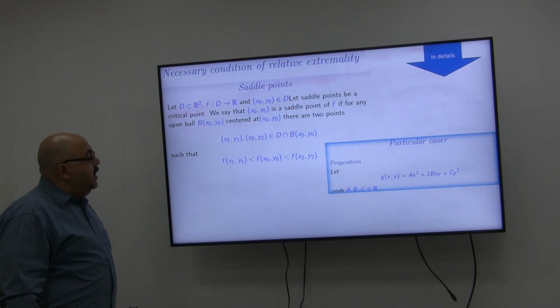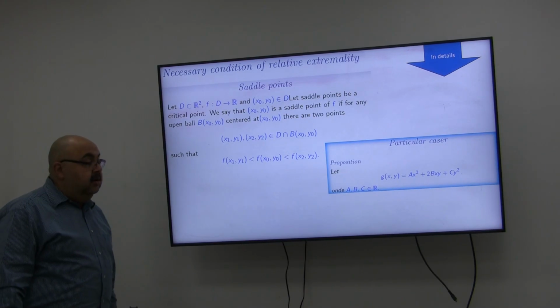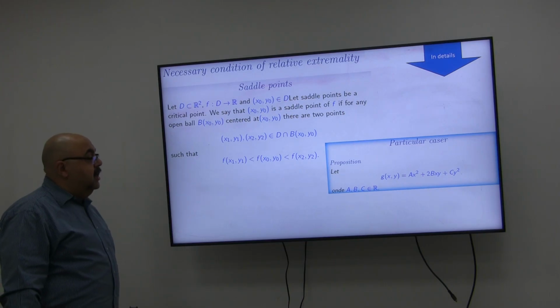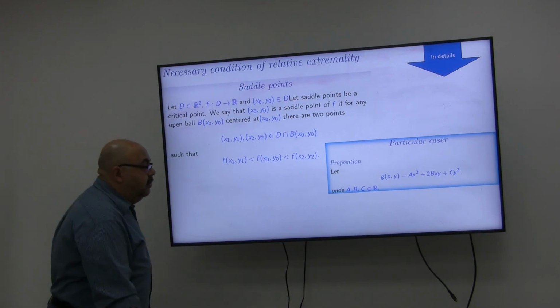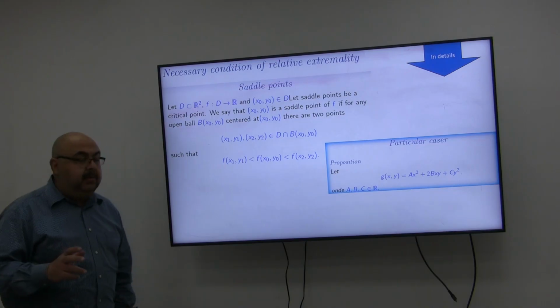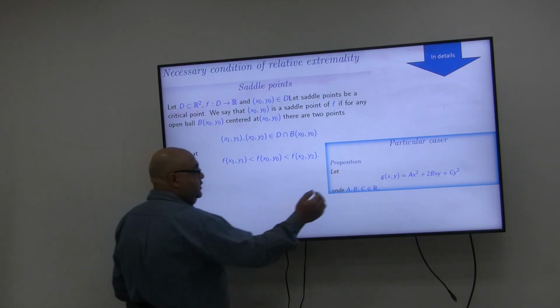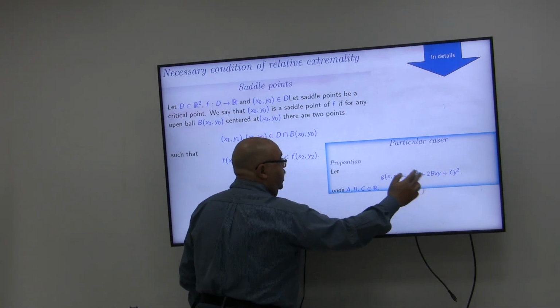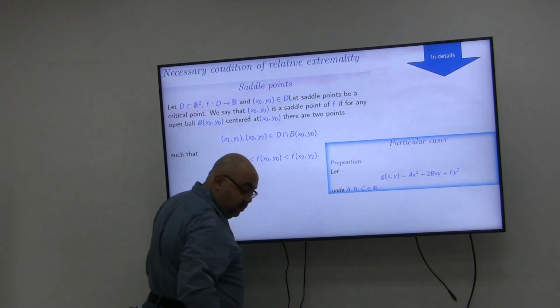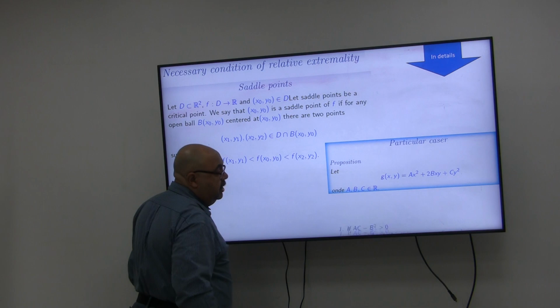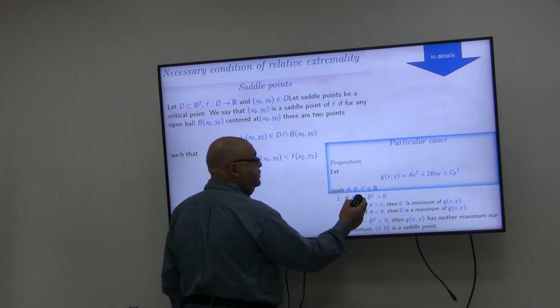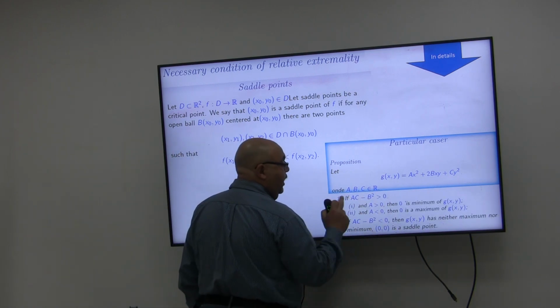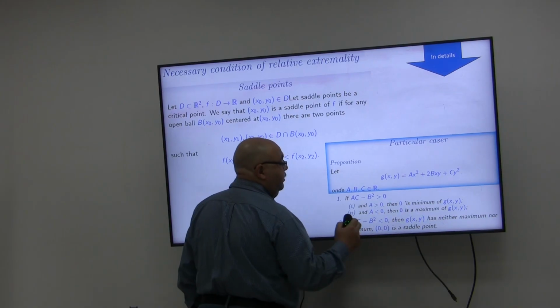It's the same. The only thing that I want you to keep in mind from those slides is the particular case of having a quadratic form. If I have ax squared plus bxy plus cy squared, in this case, if you evaluate the discriminant, which is ac minus b squared, and it's greater than 0, and a is greater than 0, you will have a minimum.